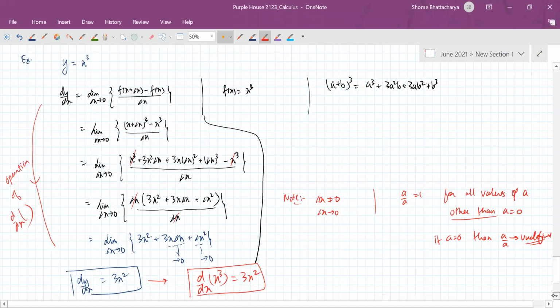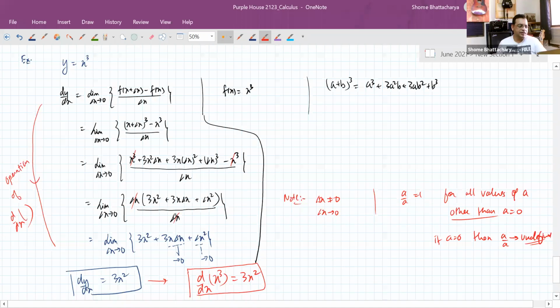Yes, sir. Now the thing is, you might ask how I'm making these terms 0. So I'll take an example. Suppose I take the value of x as 1, but for argument I take delta x as 0.001. Then see what will happen.